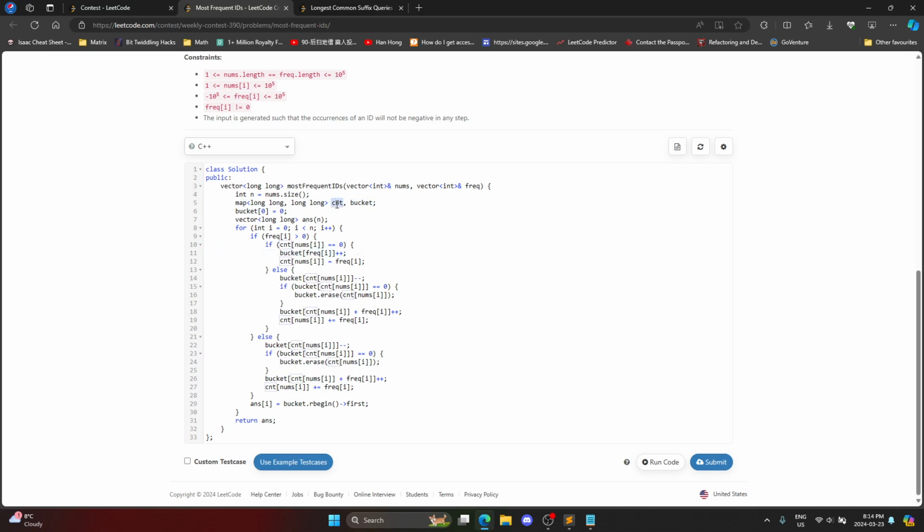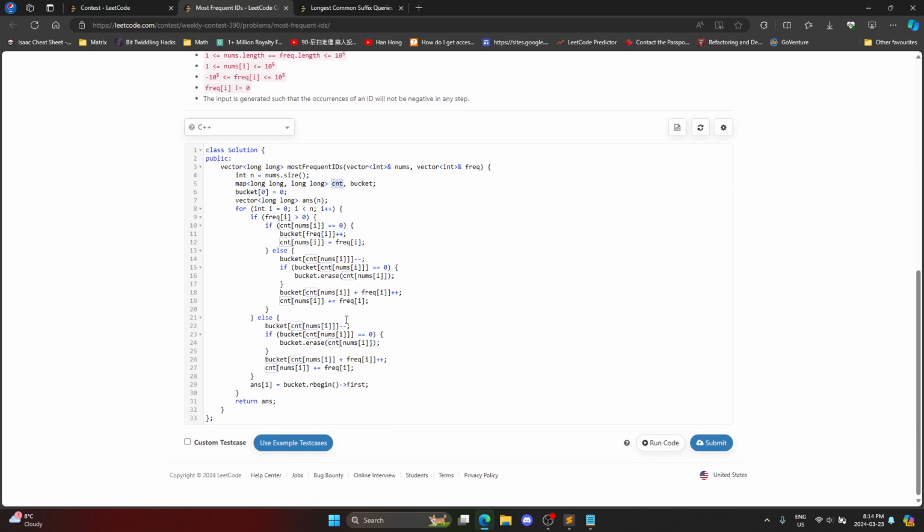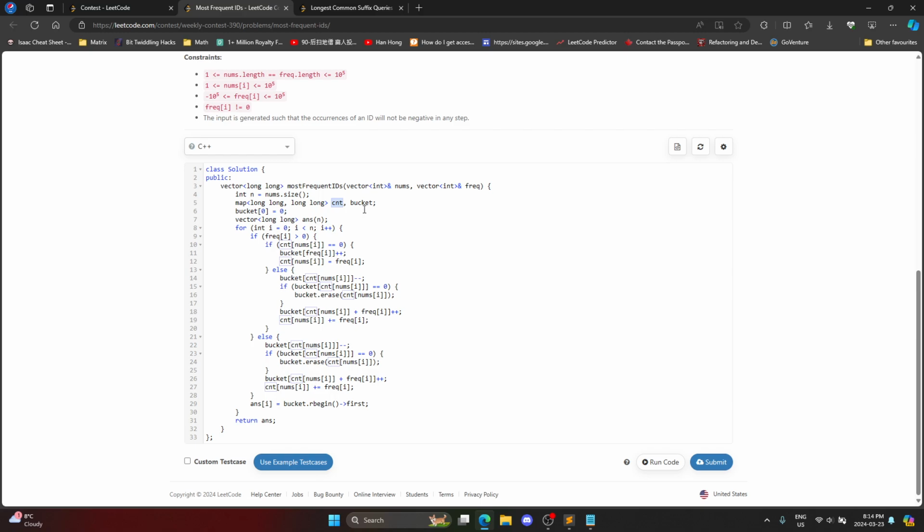This count helps me keep track of the count of each individual ID, and then I have a bucket that says how many things have this frequency. Since I use a map, I can just get the biggest entry in the map, which will give me the biggest frequency, and then it's just simulating the process and updating everything.